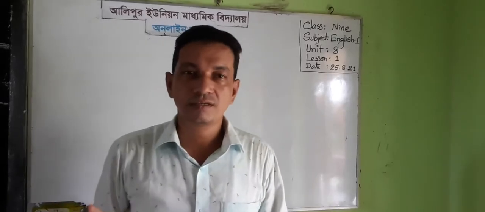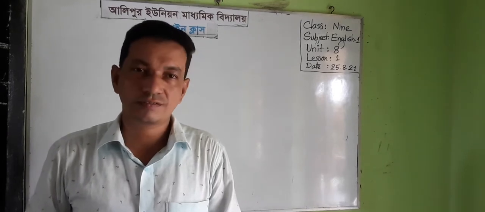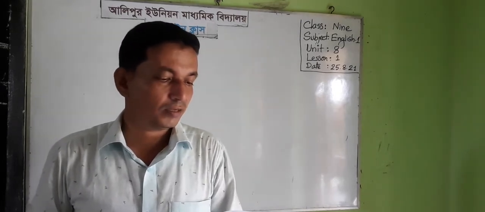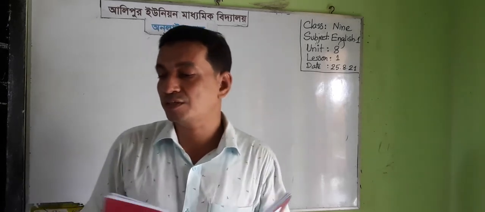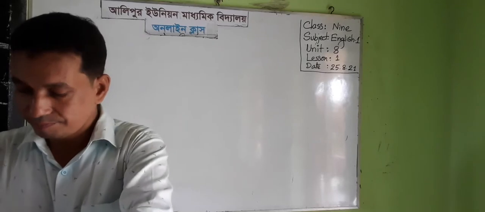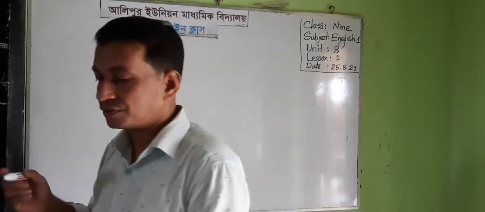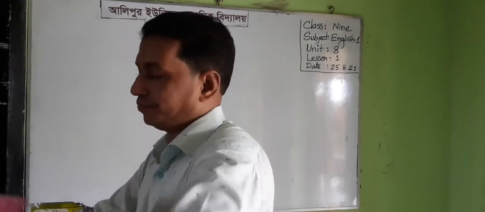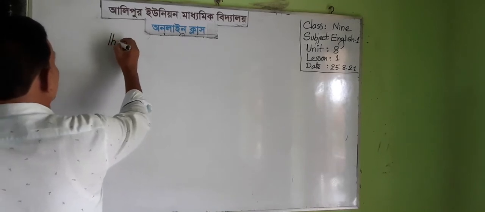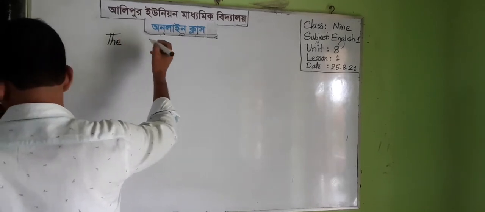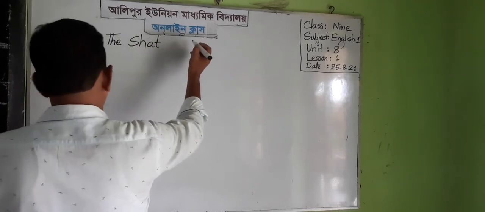So there are 4 questions above the text, beside the picture. So we can easily comprehend that the building is the Shat Mosque. Our today's topic is the Shat Mosque. So I write down the caption of the lesson.